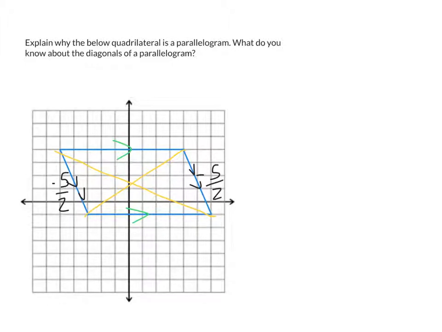Well, if you're like me and you've taught geometry for 7 years, therefore you remember all of your properties of a parallelogram at the drop of a hat, whatever that phrase means. You know that they bisect each other. Diagonals bisect.